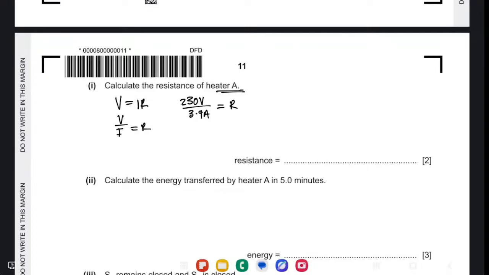What's the answer here? If you say 230 divided by 3.9.